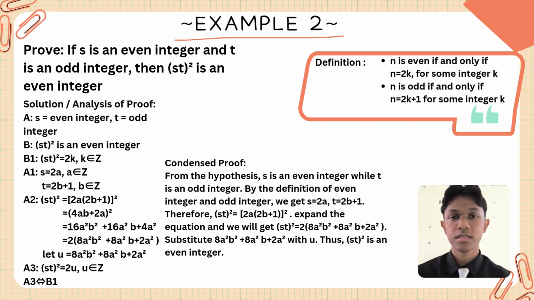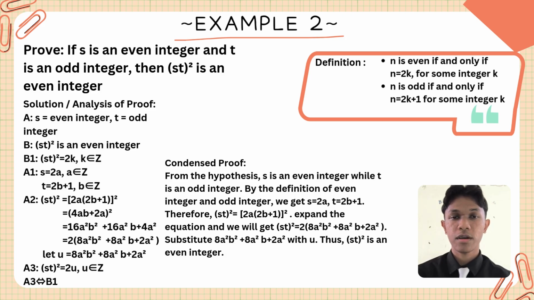This is because when looking at the definition for odd integer, it's kind of the same as even integer, but only plus 1. So that's why it became 2b plus 1. Bear in mind that both a and b must be elements of integers.